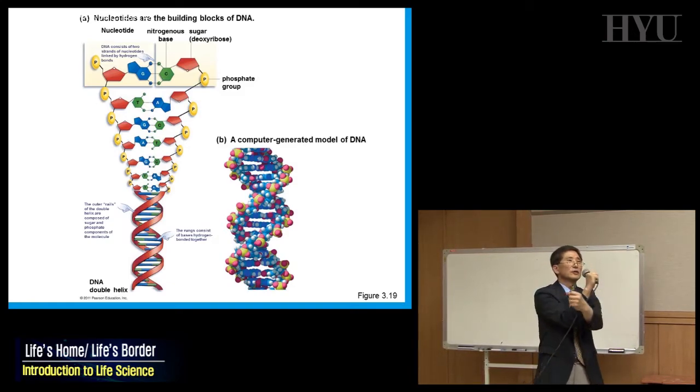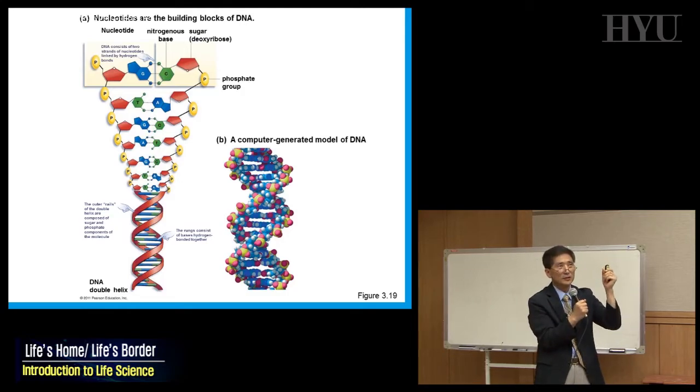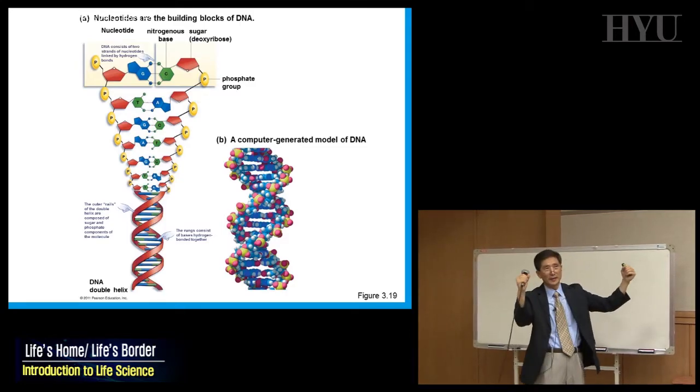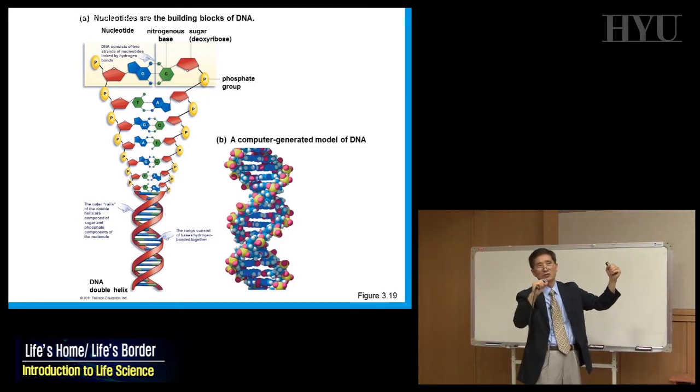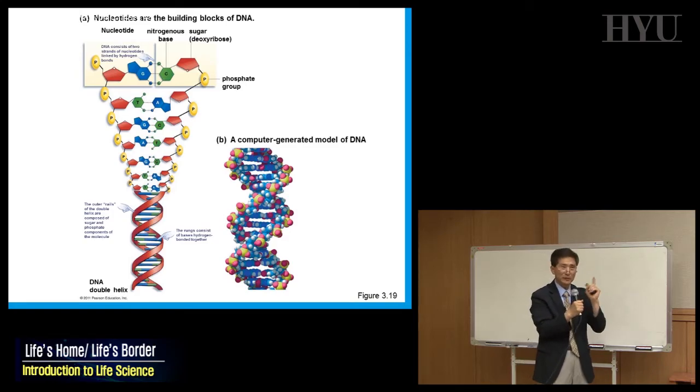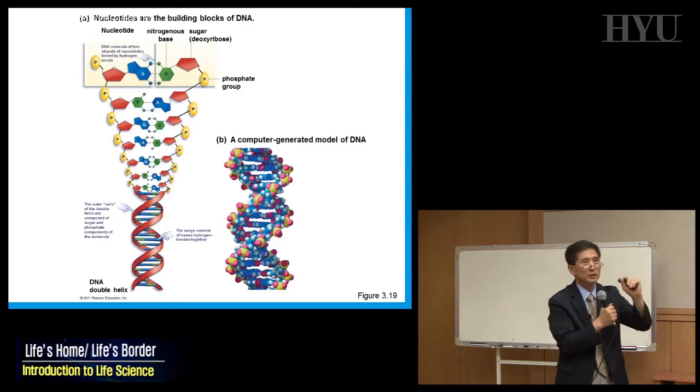But once they saw this structure, it is intuitively clear, because if you open this strand, each strand can be used as a template, and they can copy the exact opposite strand. We'll come back to that point, okay? So the structure is very important.